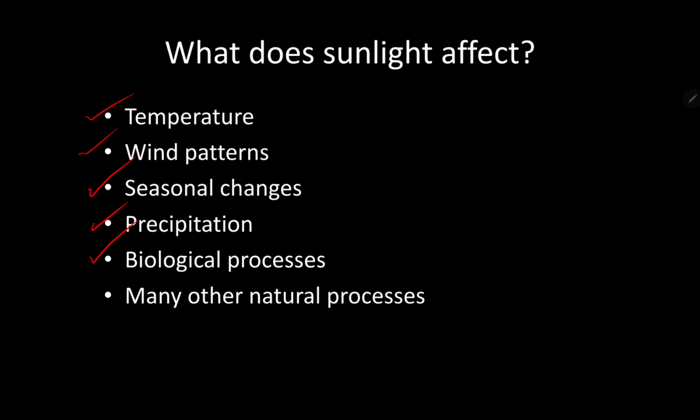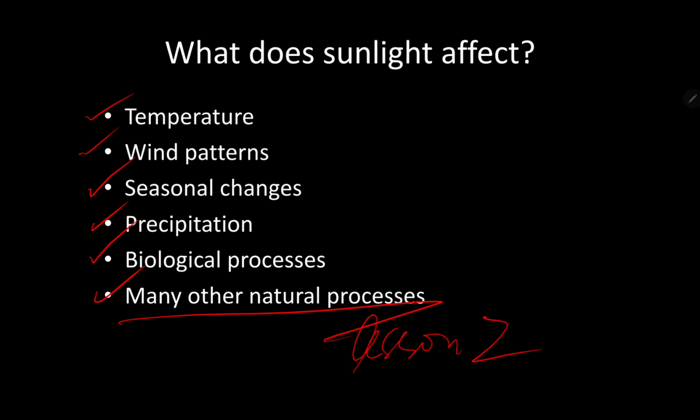Remember that photosynthesis usually cannot happen without sunlight except in very, very special cases. Artificial light sometimes can be used. But, of course, most environments on Earth, or pretty much all environments on Earth, are dependent on sunlight in terms of photosynthesis. And many other natural processes are affected, which you will learn about more in this lesson.